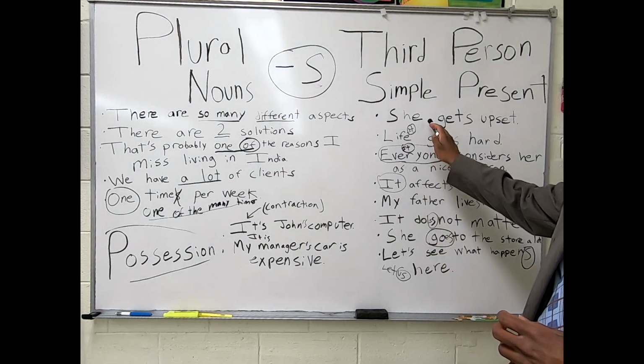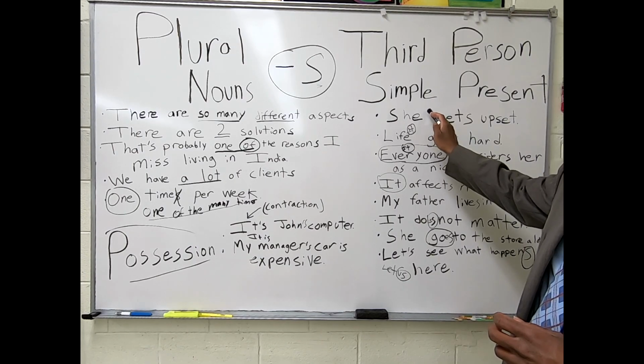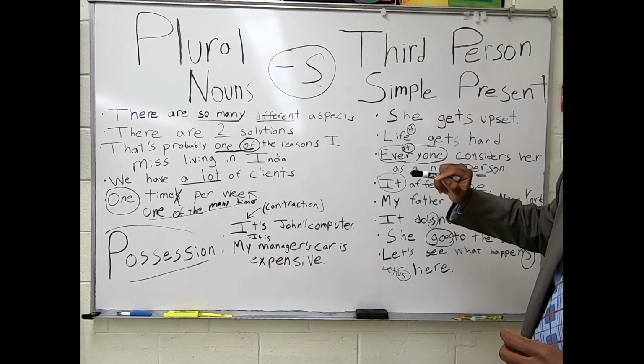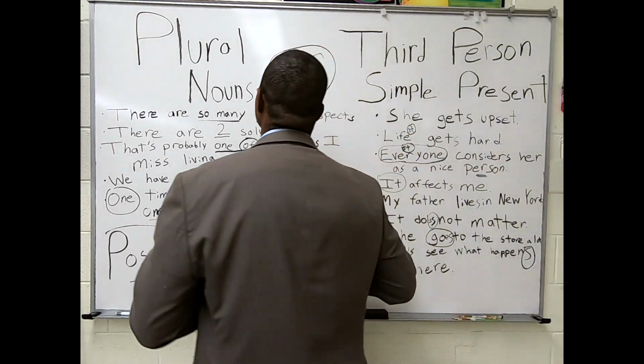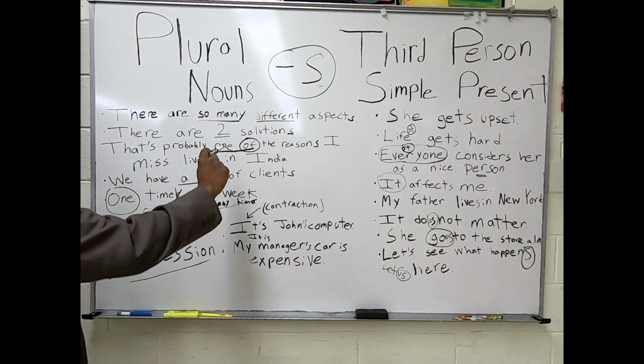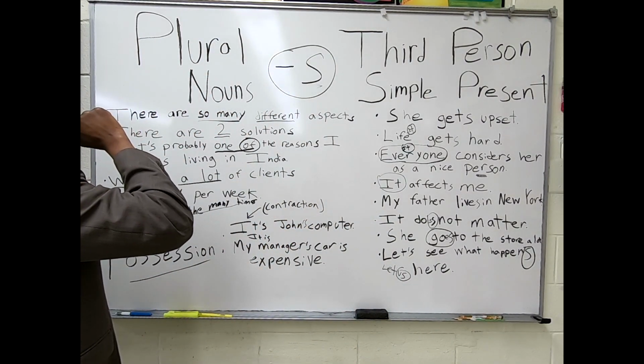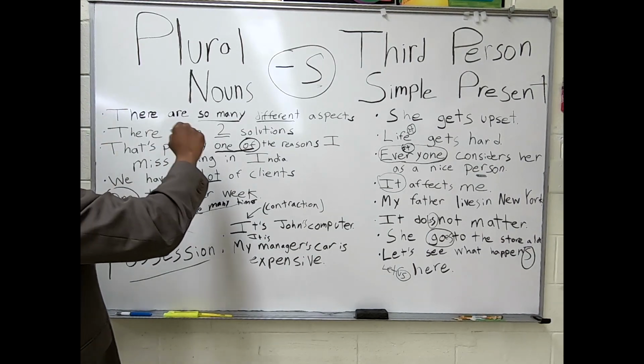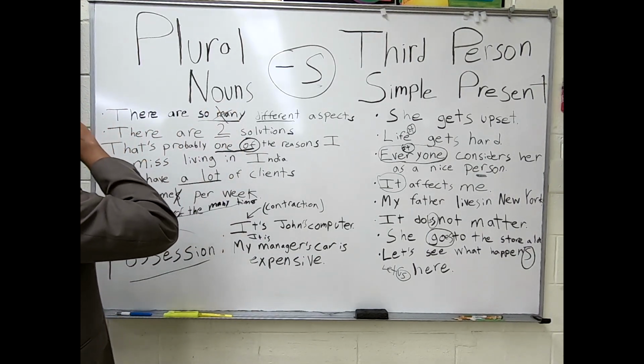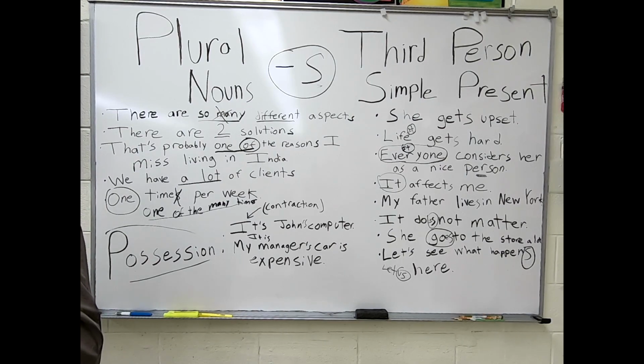Just really think he, she, it. All right, and think, okay, am I talking about something plural here? There are different aspects. Am I talking about more than one aspect? Oh, okay, then I have to use the letter S here.